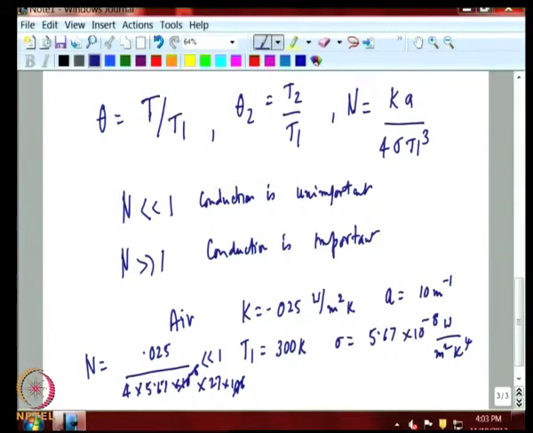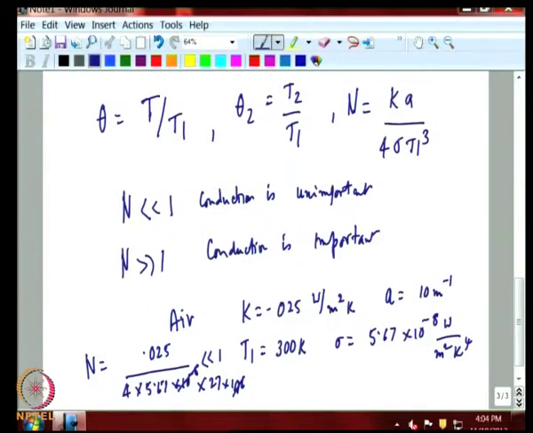However, if you were to take an example of a gas at a much lower temperature, and let us say you are looking at a cryogenic application, for example, T1 could be of the order of 100 degrees Kelvin, then conduction can become very important.